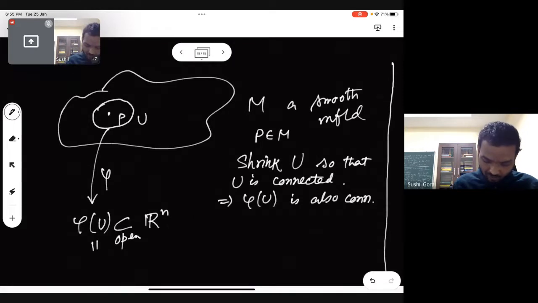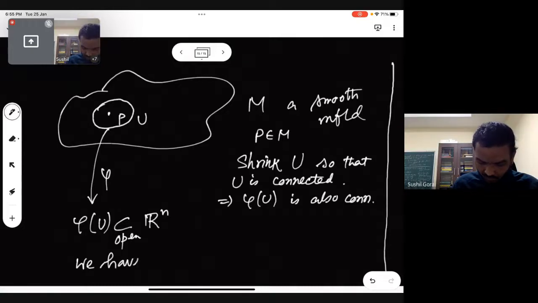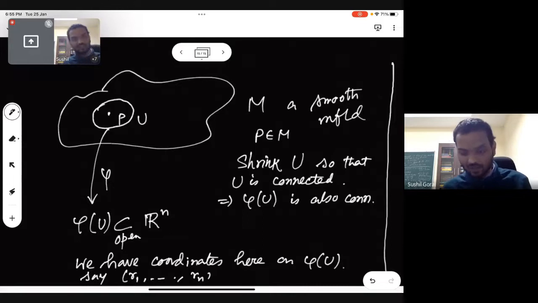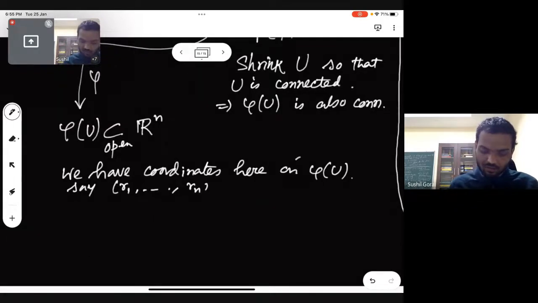You have coordinates here on phi(U), say r1, r2, ..., rn, as in the case of Rn, right? These are global coordinates.